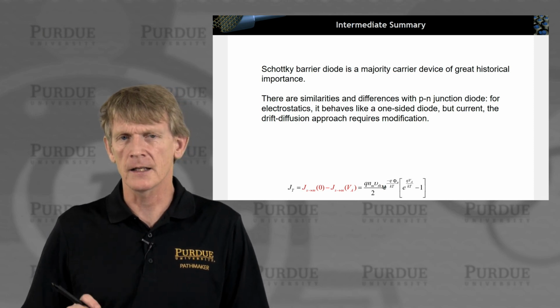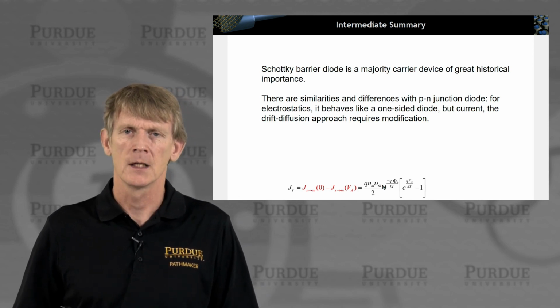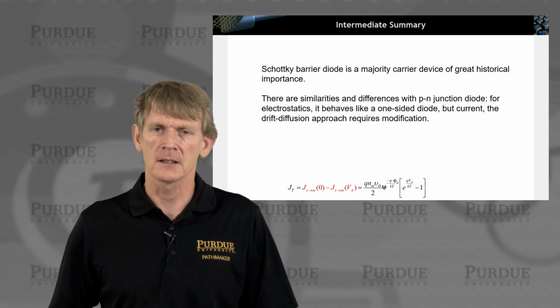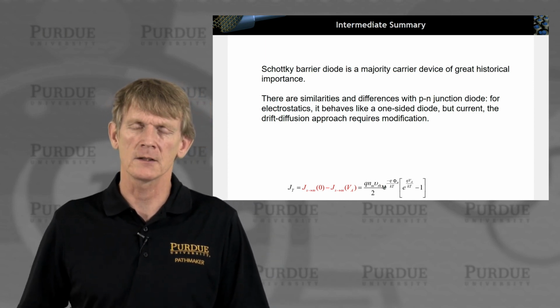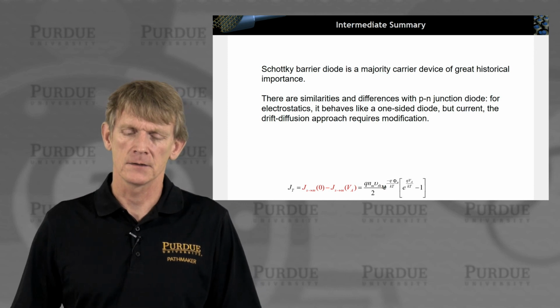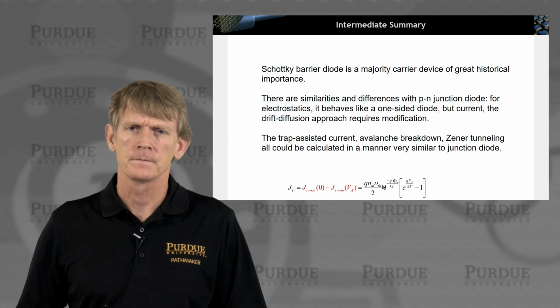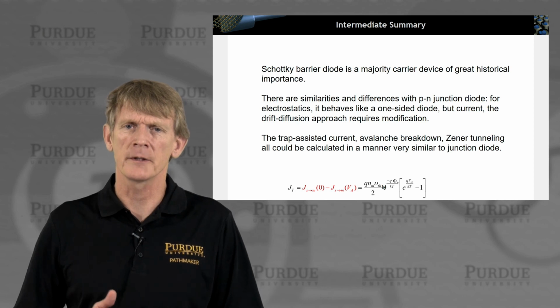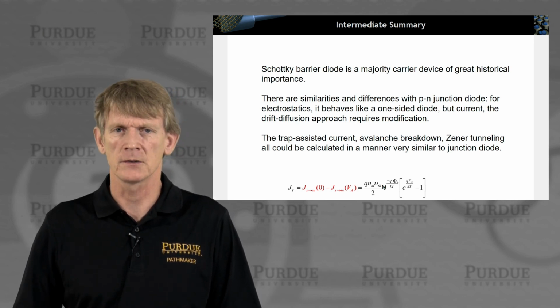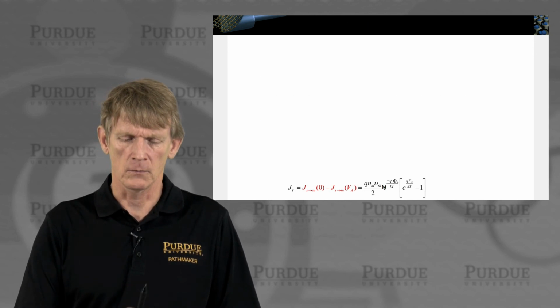It is behaving like a one-sided diode, so you consider just the N side in the system, and the metal side is like an extremely heavily doped device where you can neglect any potential drops, etc. And you don't have drift terms in the metal or the semiconductor anymore. The trap-assisted current and the avalanche breakdown and Zener tunneling could all be calculated in the same manner, very similar to what we had done in the PN junction, and we'll do that in a little while.